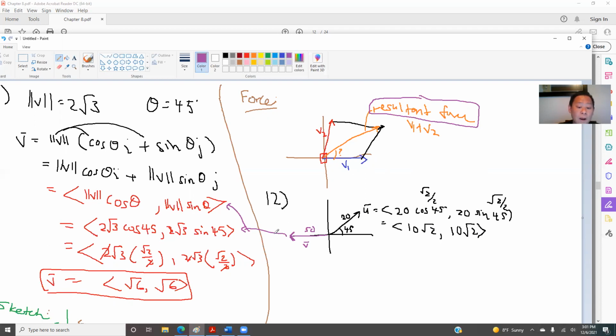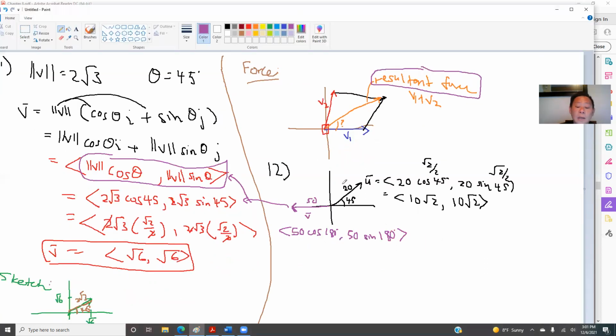Now we go for vector V. For vector V, we also use the same formula. It will be 50 cosine of 180 degrees, because this goes flat at 180, and 50 sine 180 degrees. Then you use the unit circle that you learned in chapter 6.